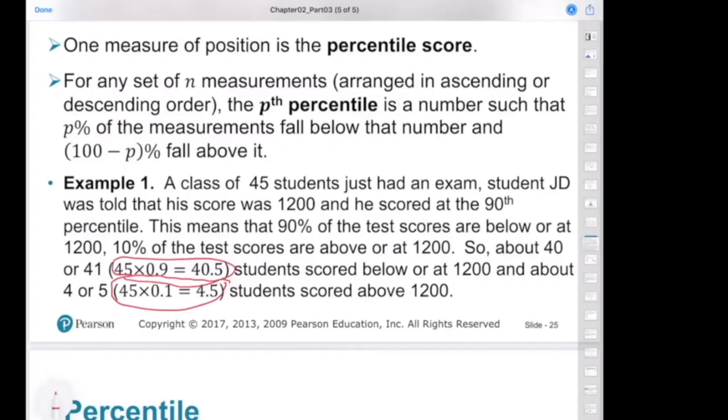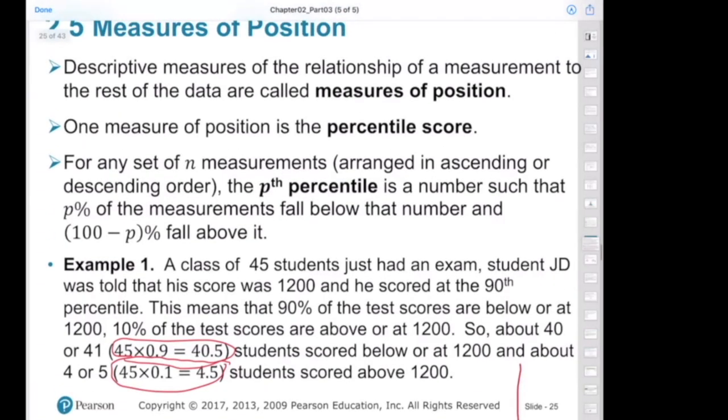So the percentile, according to this example, is what? For any set of n measurements, arranged in ascending or descending order, the p percentile is a number such that p% of the measurements fall below that number, and the remaining 100 minus p% fall above this number.